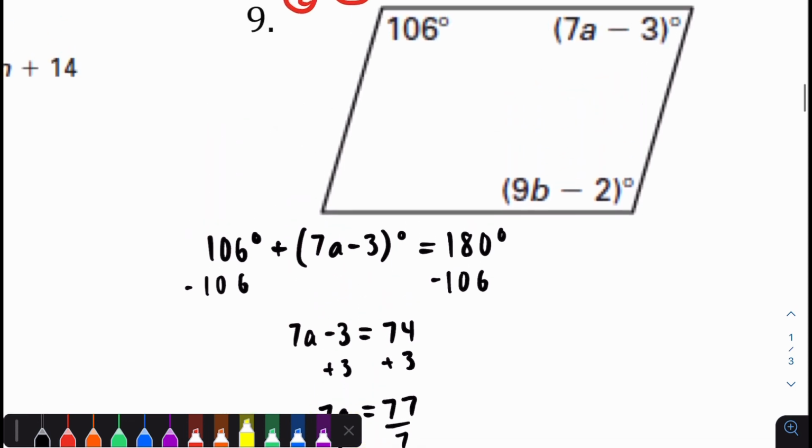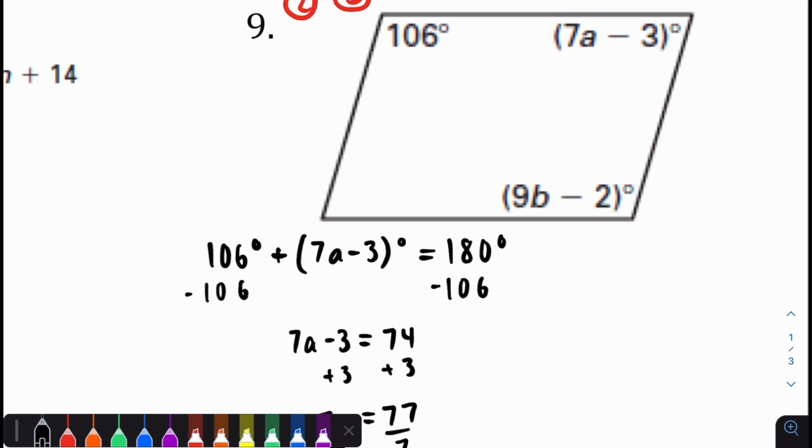Now I have to find b. To do that, I know that 9b minus 2 equals 106 degrees because these are congruent to each other.